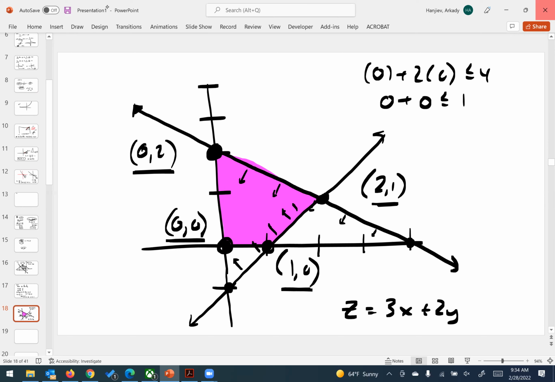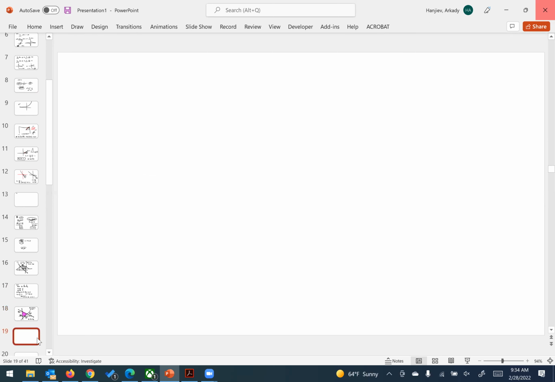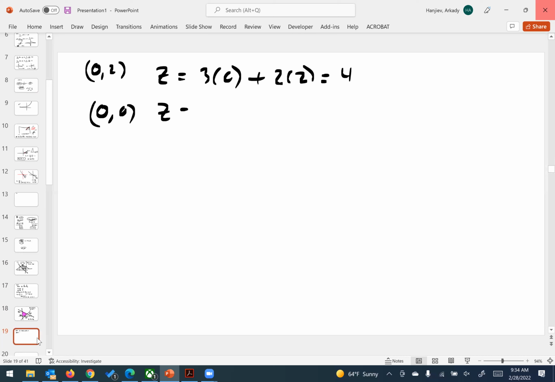0, 2, 0, 0. So I'm going to plug in 0, 2. 3 times 0 plus 2 times 2 gets me just 4. That's raising just the chickens. Raising nothing at all, that's pretty easy to know.